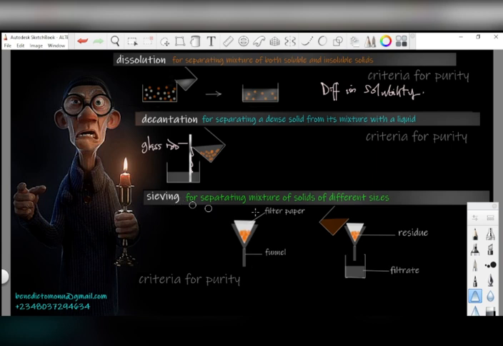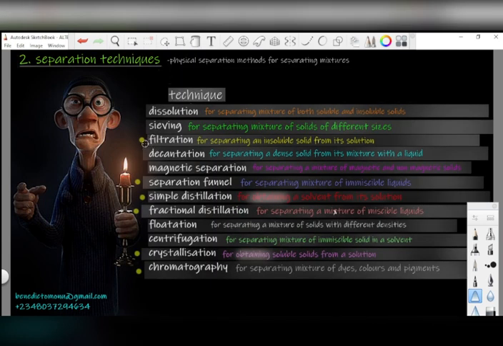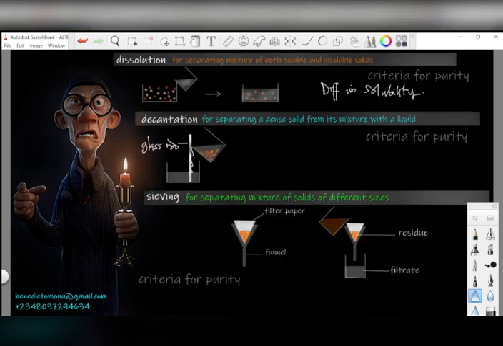Next is sieving. This is very important because I think here I actually put, sieving is not, this is actually filtration and not sieving. That must have been a mistake. This is filtration. Sieving is different.